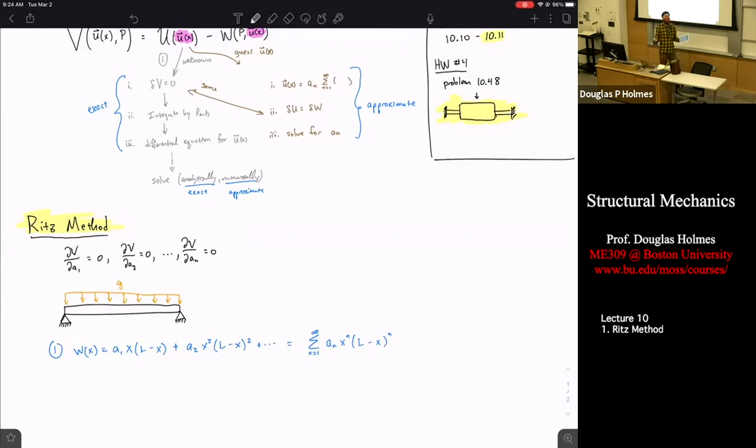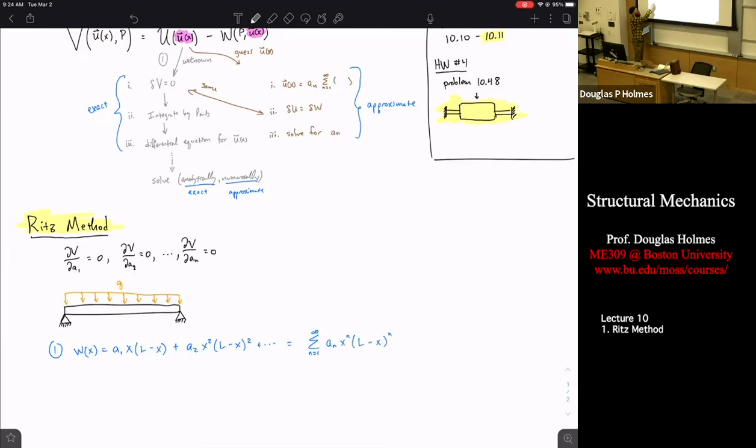Where did this thing come from? It's a function that satisfies the kinematic constraints on this beam. The kinematic constraints are restrictions on displacement. So what are the key restrictions on displacement for a simply supported beam?